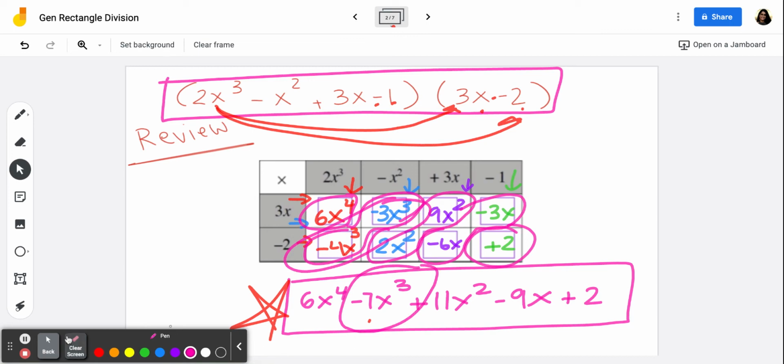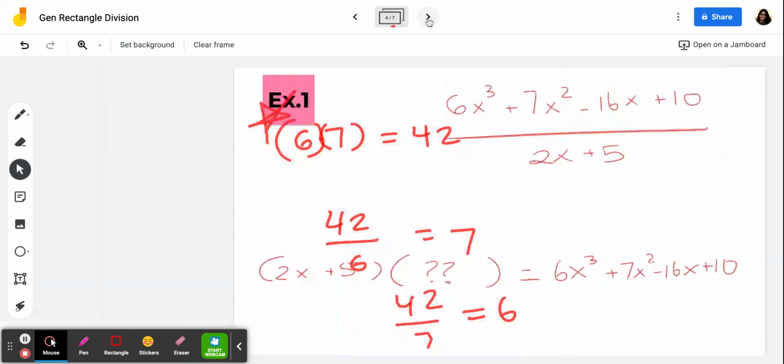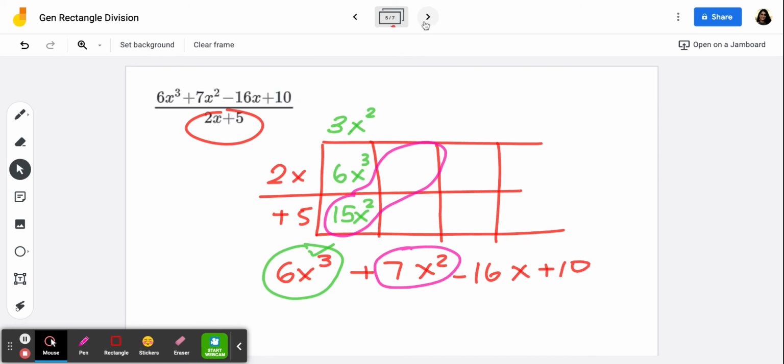So I'm working backwards. Okay, so let's see. What would have to be here? Think about it like a puzzle. Don't get frustrated. 15x squared, I need to get down to 7x squared, so I need to subtract out 8x squared. 15x squared minus 8x squared makes 7x squared.